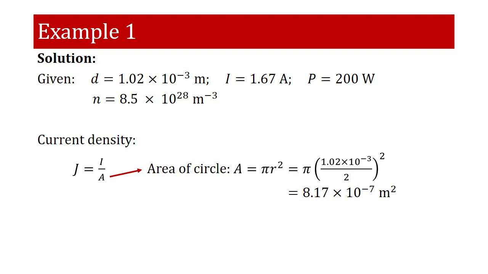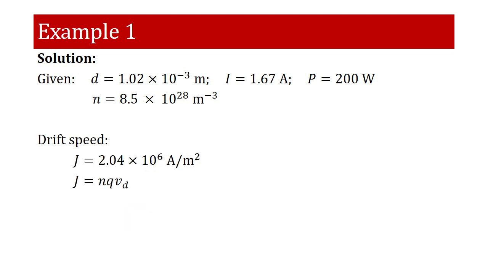So, mao na siya ang atong gamiton sa formula for J. So, J now becomes 1.67 amperes divided by the recently calculated area, 8.17 times 10 to the minus 7 square meters, and it will give you 2.04 times 10 to the 6 amperes per square meter. Mao na siya ang current density.